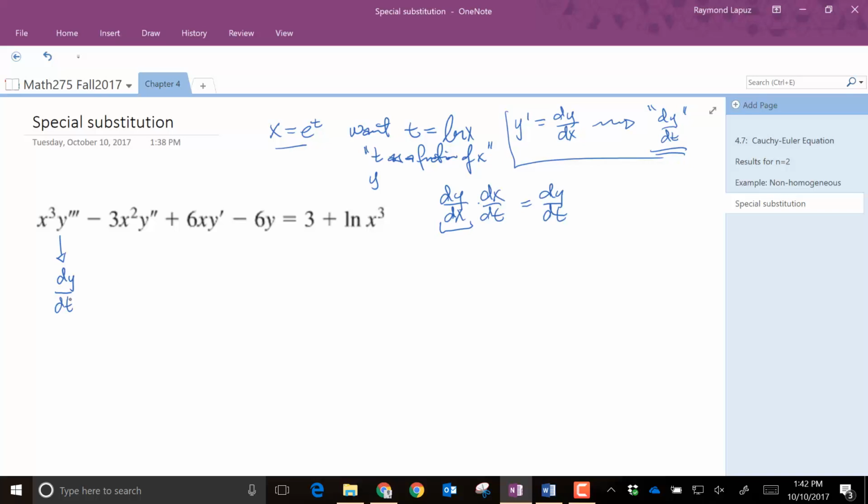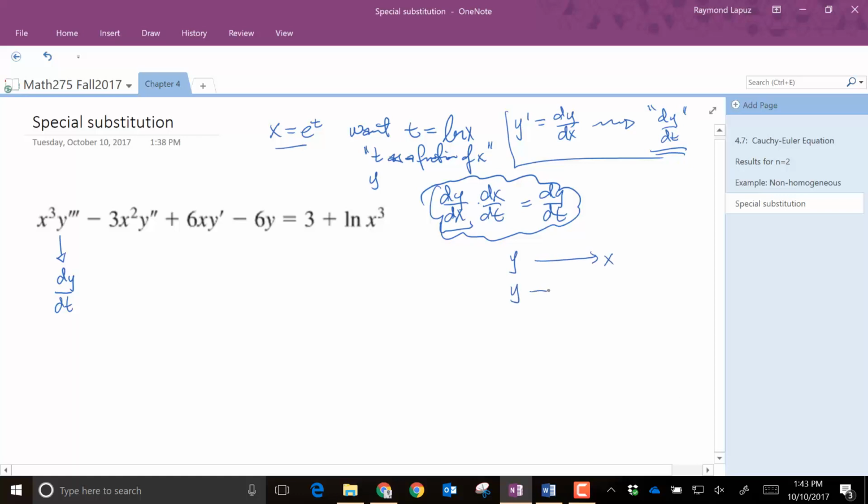Well, let's try it this way. So this chain rule isn't exactly what I was looking for, because I wanted to replace the dy dx's with dy dt's. And so I think what we want is, y originally is a function of x.